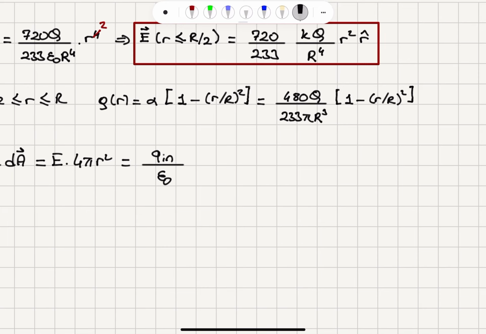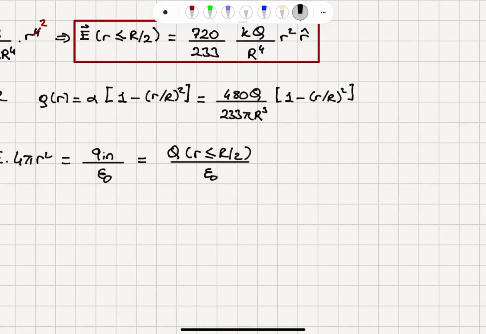And that's going to be equal to the total charge in the region r less than or equal to capital R over 2 divided by epsilon 0, plus the charge that is in the region between capital R over 2 and r.